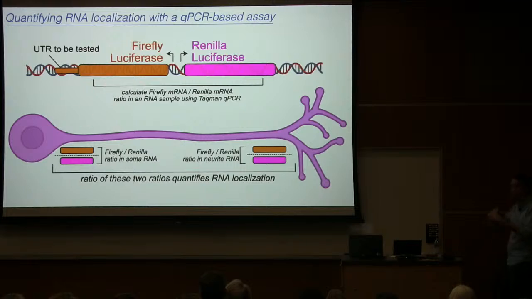Then we do our fractionation, like I talked about earlier, and isolate 2 RNA samples, one from the cell body, one from the neurite. In each RNA fraction, we can quantify the firefly to renilla RNA ratio using qPCR. If we compare that ratio in the cell body RNA to the ratio in the neurite RNA, the ratio of these 2 ratios tells us how localized that transcript is.